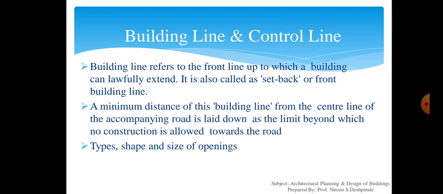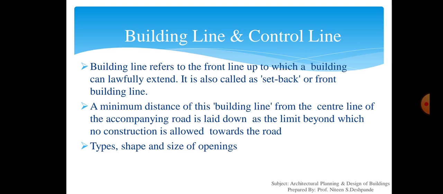Now, there are some terms which are frequently used as far as the building regulations are concerned, and that are 2 types of lines: building line and control line. So building line refers to the front line up to which a building can lawfully extend. It is also called a setback or a front building line. Now many people confuse between the building line and a control line.